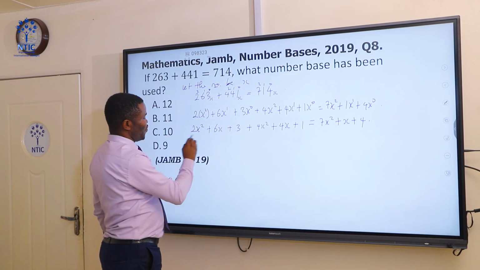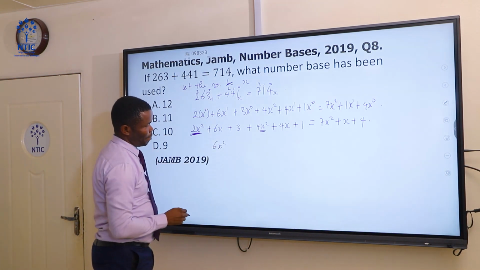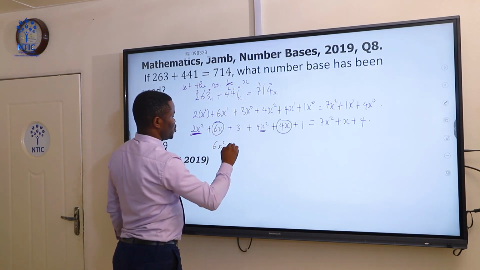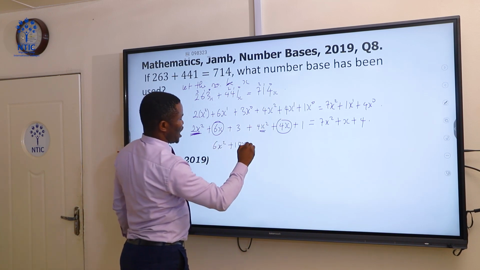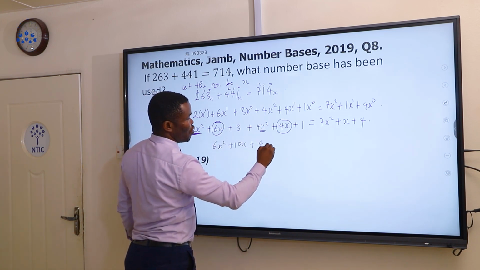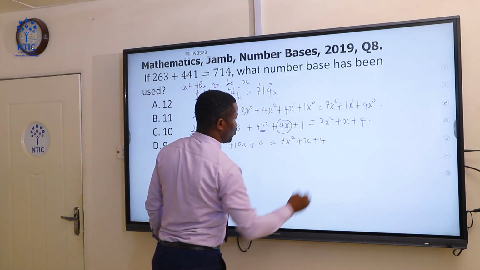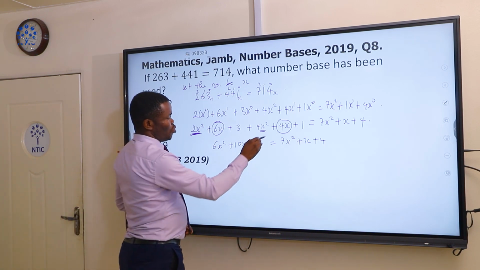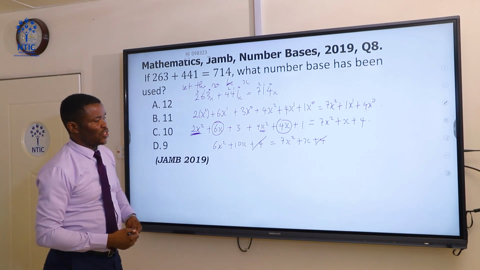Now, 2x squared and 4x squared is going to give us 6x squared. Now, 6x and 4x is going to give us 10x. 3 plus 1 is going to give us 4, equal to 7x squared plus x plus 4. So if you collect the like terms, if you move 4 to the other side, 4 will cancel out.